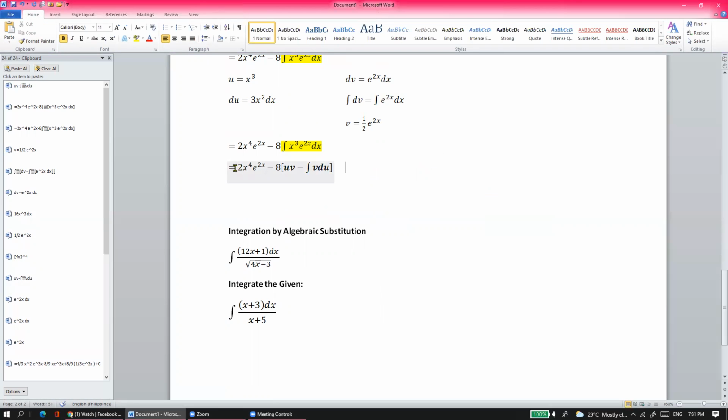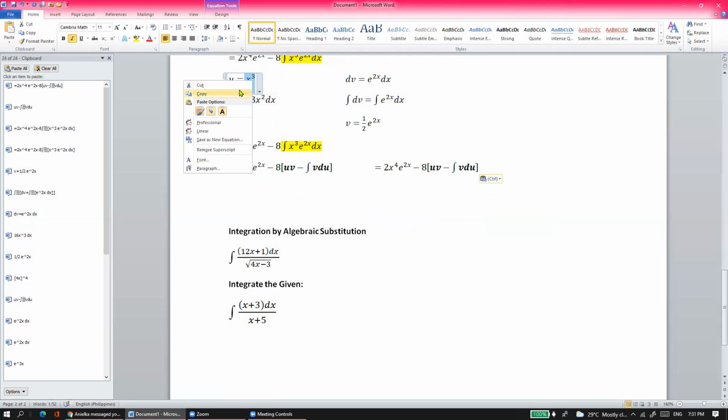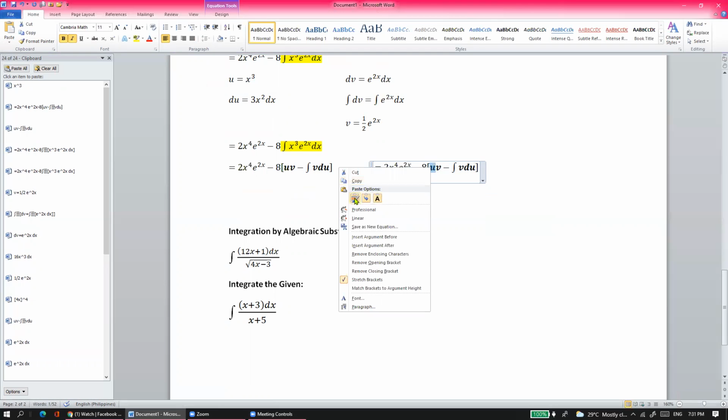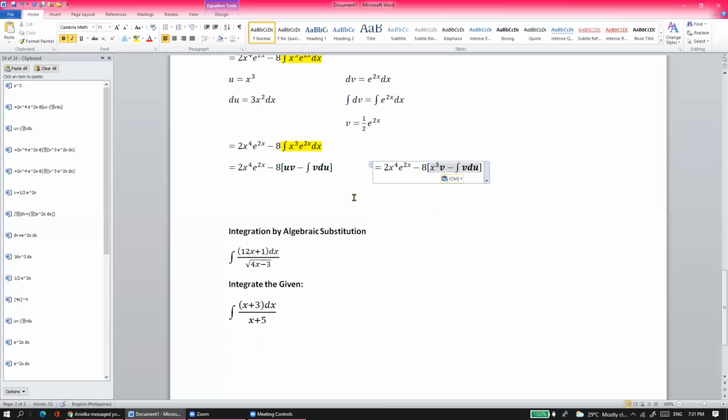Now, dito tayo ngayon magkakaroon ng substitution process. Yung U natin is x cubed. So, substitution tayo dito. And then, yung B natin is 1 half e to the 2x. Copy ko ulit. Lagay ko siya dito.